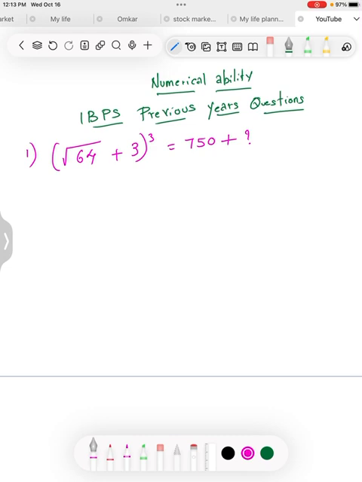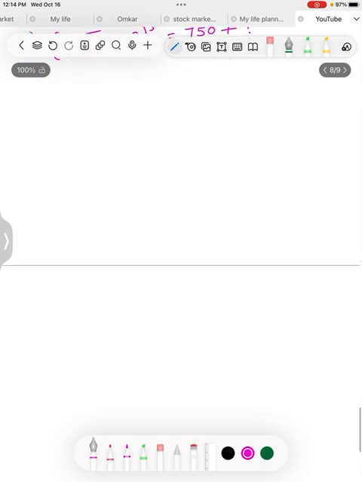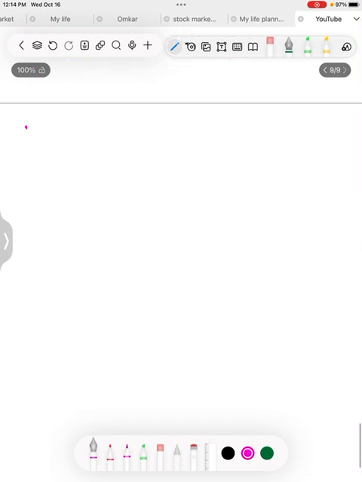So here you can solve it. So you think it is a little bit difficult question, right? So we will leave it right now and we will solve it later. So let us go to another question.